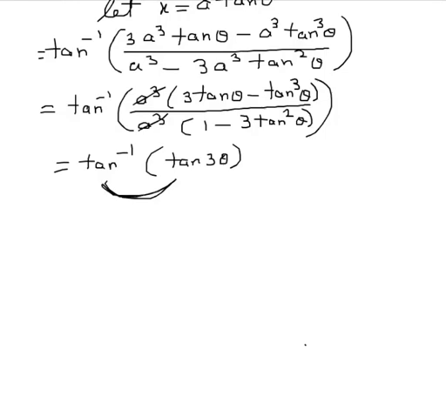Now tan inverse and tan could be cancelled only when 3 theta is in the principal value branch. So let us check. The condition given is this. Now x is a tan theta. I will write here a tan theta is less than a by root 3 and greater than minus a by root 3.